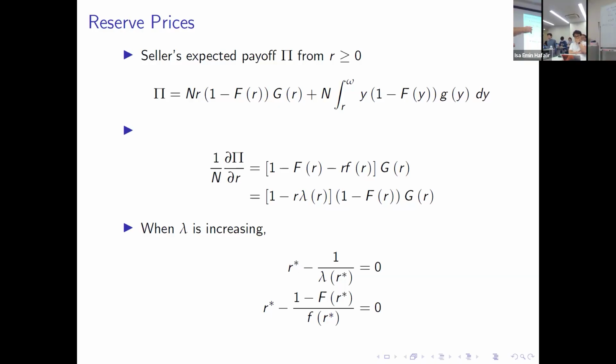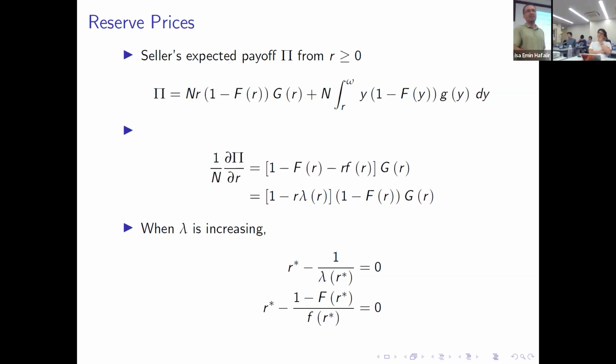When you set this equal to 0, g(R) is never 0, so it cannot be. 1 minus F(R) is never 0, so this cannot be. So this has to be 0 for an optimal reserve price. And then you can write this one as this one.